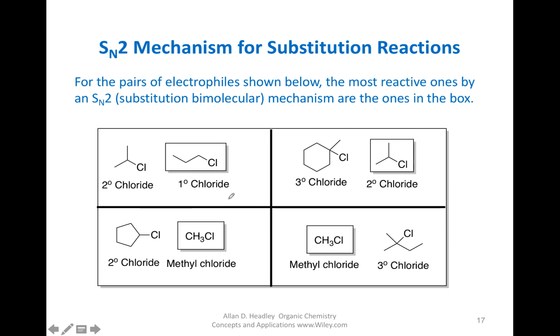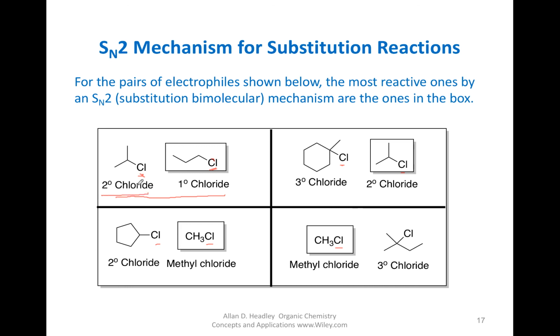So let us apply that knowledge or those concepts. So looking at these electrophiles, these are electrophiles because we have here chlorine and chlorine, a good leaving group. Chlorine, chlorine, good leaving group, and the same here and here. So what we need to determine now is, of these two electrophiles, which is a primary, which is a secondary, which is a methyl, and which is a tertiary, and apply that knowledge that we have just gained.